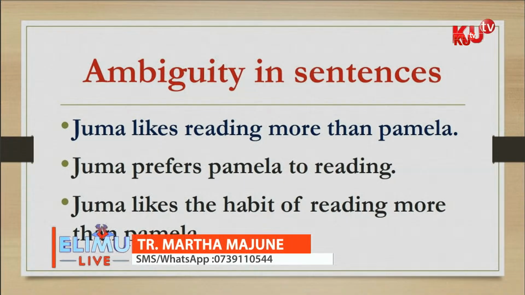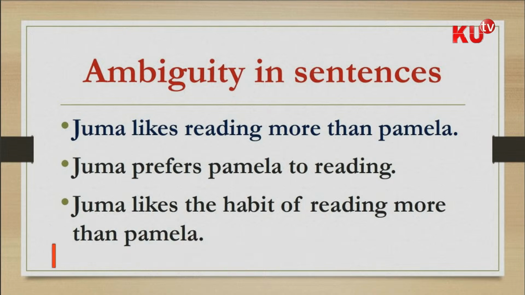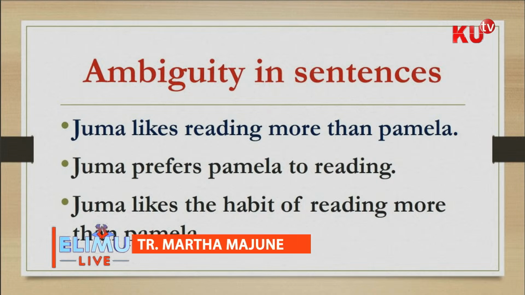So when someone says that Juma likes reading more than Pamela, I want you to engage your brains and maybe get the two meanings of that statement. So what are the two meanings from this sentence? The first meaning is that Juma prefers Pamela to reading.